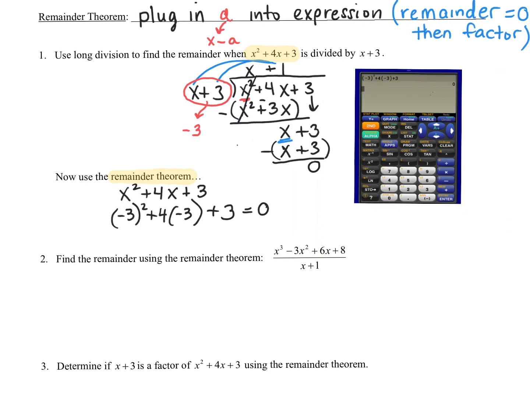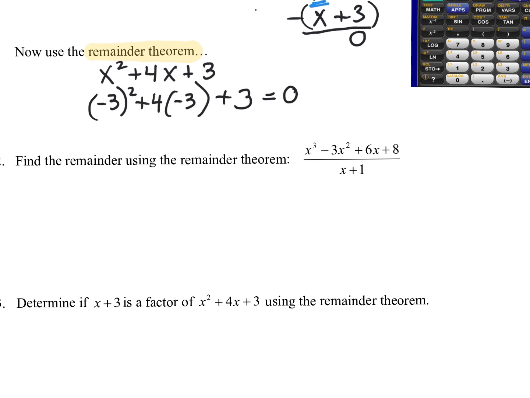Okay, next question. So we are going to find the remainder using the remainder theorem. So in this case, we're just plugging in that magic number. So how do we know what that magic number is? So it's the opposite of the binomial that you're dividing by. So in this case, I'm going to be substituting in -1 into this polynomial.